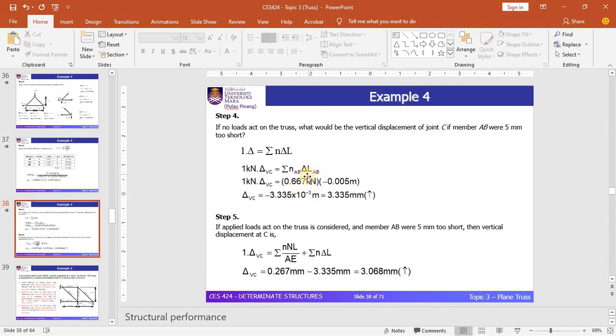The delta LAB is the amount of shortening in the member, which is equal to 5 mm. Convert it into meters and you get 0.005 meter. I want to highlight that the negative sign here indicates the shortening.